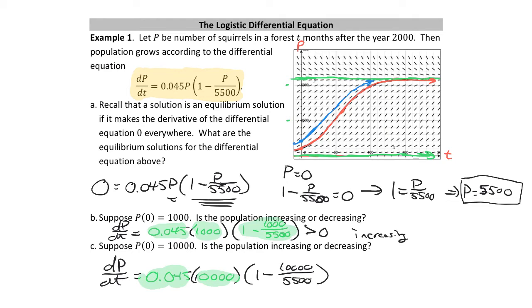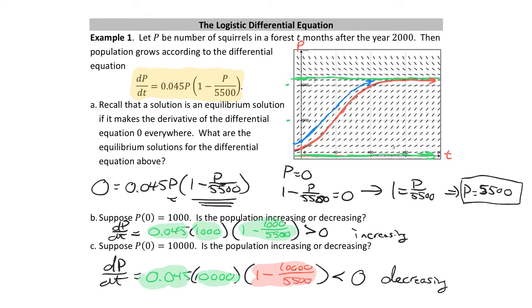And 10,000 divided by 5,500 is almost 2. It's definitely bigger than 1. If we take 1 minus a number that's larger than 1, we end up with a negative number. So overall, this is going to be negative, which means we are decreasing.